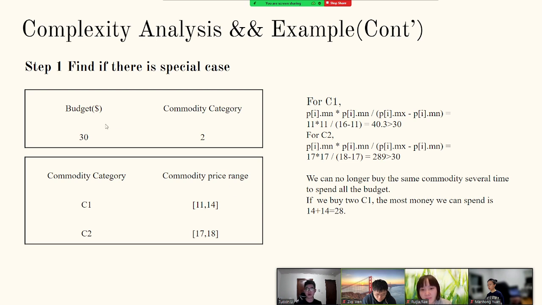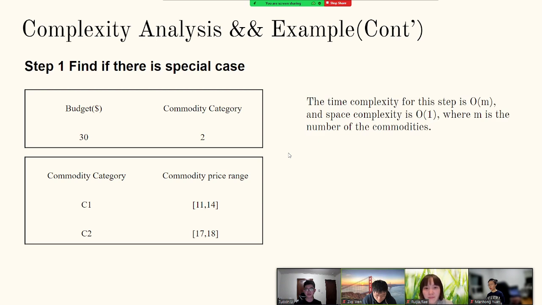We cannot spend all the budget. Also for C2, we cannot spend all the budget. So if we can no longer purchase only one type of commodity to spend all the budget, we need to go to step 2.